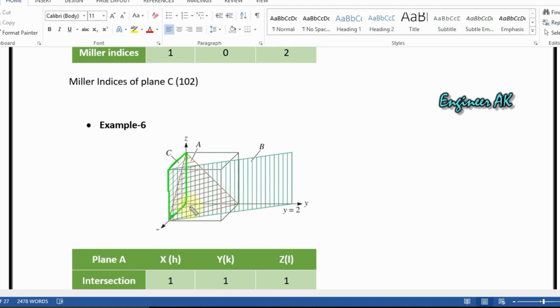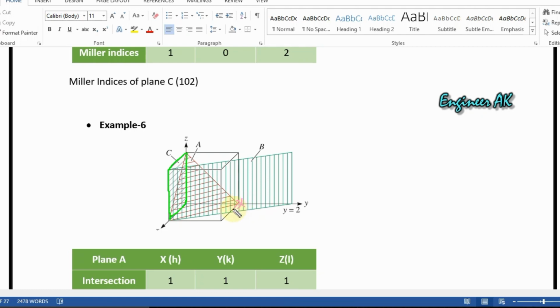If I move along the y-axis, it is again not cutting this plane. If I move along the z-axis, these are again parallel, so they will give 0, 0, 0 Miller indices. So what we can do is either take a plane parallel to this plane, or in this case take this point as my origin. Now we can easily solve it.